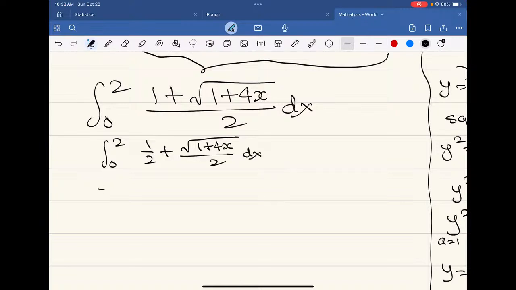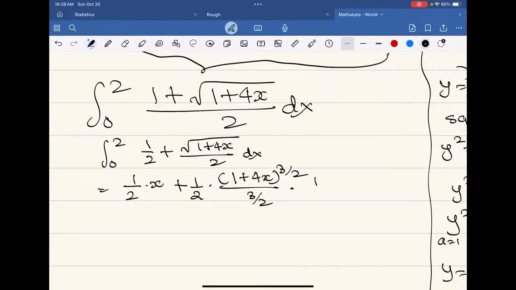Now we are going to integrate this, right? So first of all, it's 1 by 2 times x plus this is 1 by 2, again the constants come out. Now we'll use the power rule. So this will be 1 plus 4x to the power 3 by 2 by 3 by 2. The power was 1 by 2 initially, now it's 3 by 2. And we also have to divide by the coefficient of x, which is 4 over here, 1 by 4. And this goes from 0 to 2.